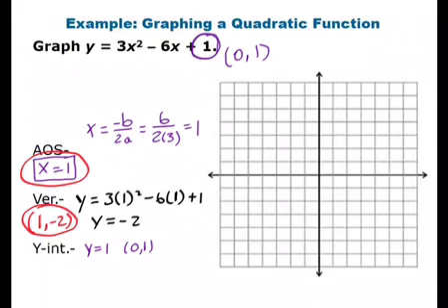So let's just go ahead and plot our vertex at 1, negative 2. All right, so that's our vertex. We know that our axis of symmetry is at x equals 1.